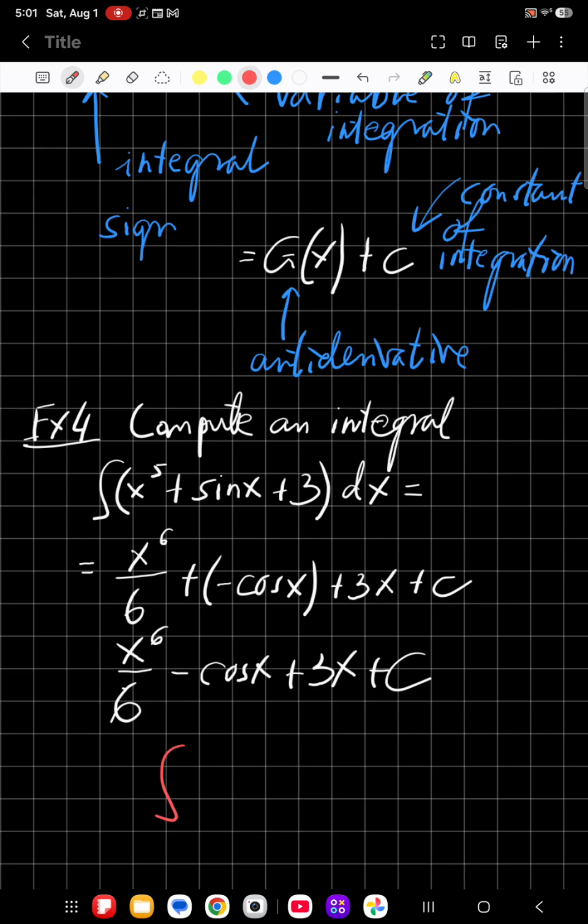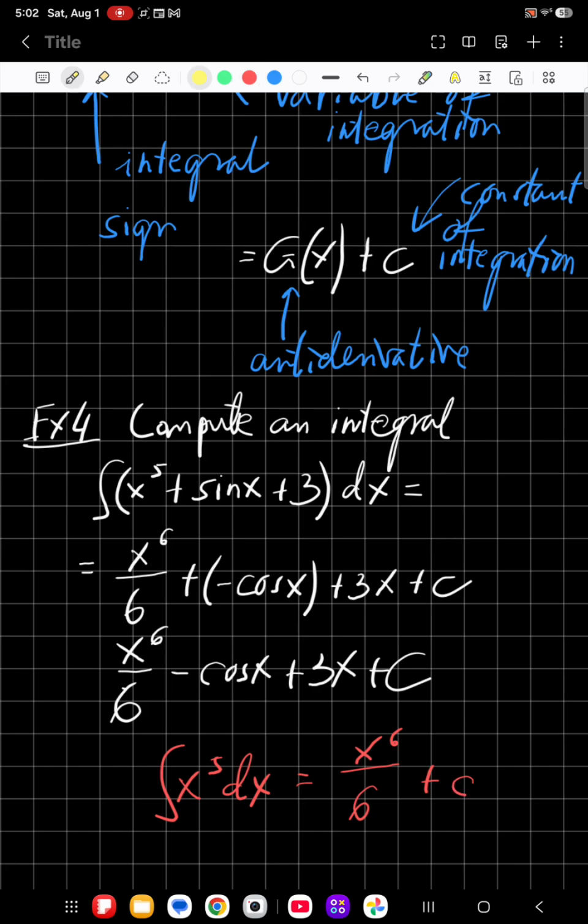When we look at that first term, I took an integral of x to the 5th dx, with respect to x, and I got x to the 6th over 6 plus c.